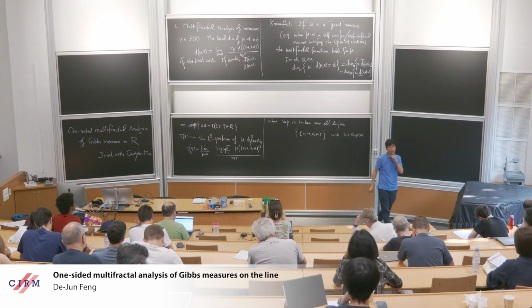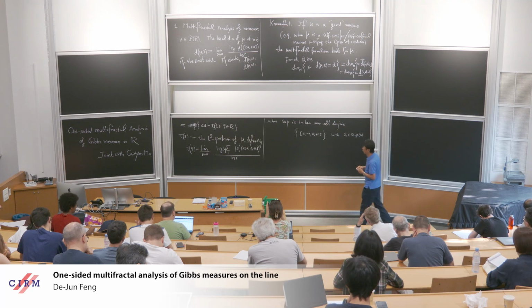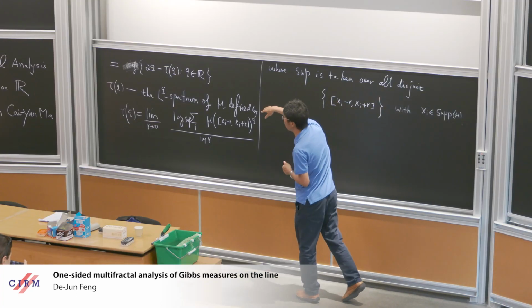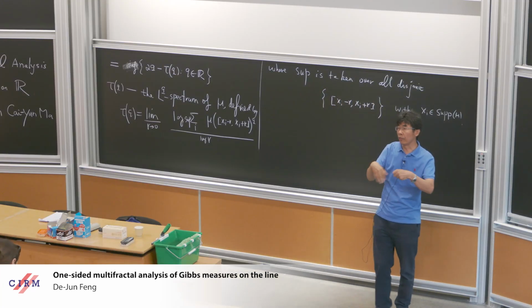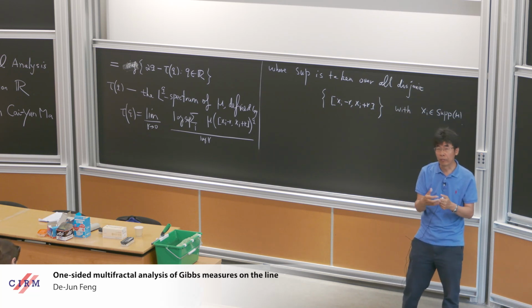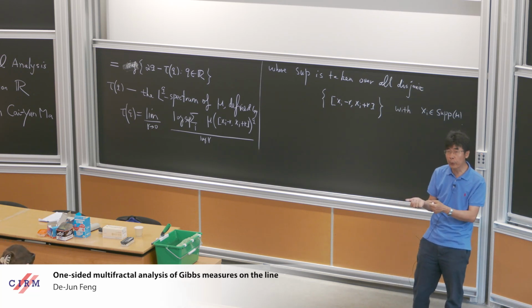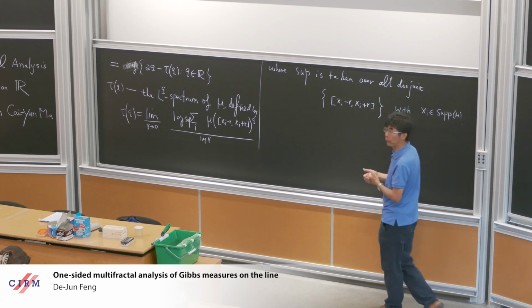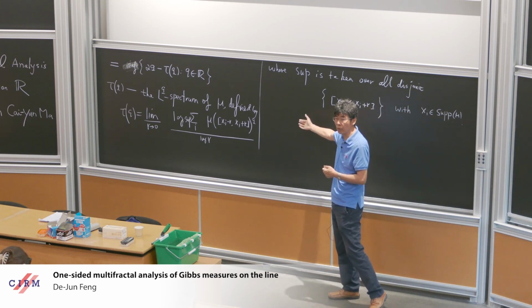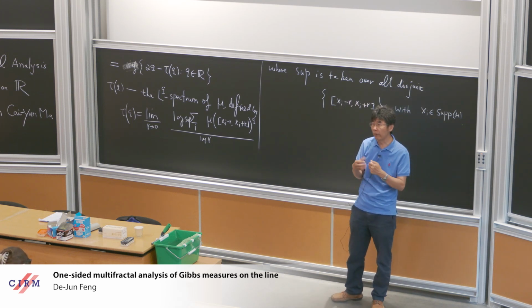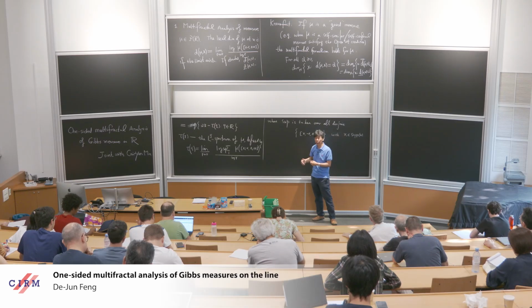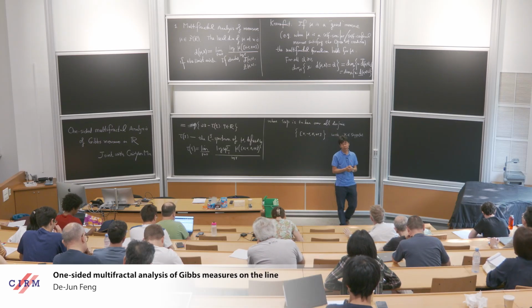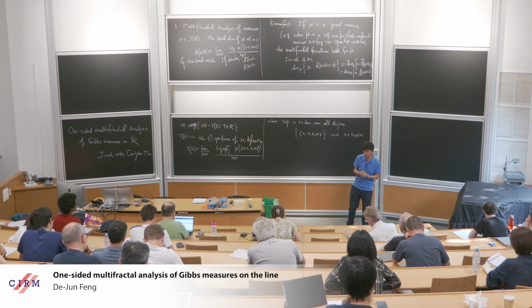Okay, so if we have such an equality, the Hausdorff dimension of a level set of local dimensions of a measure mu equal to the Legendre transform of the L^q spectrum, in that case, we say mu satisfies the multifractal formalism.